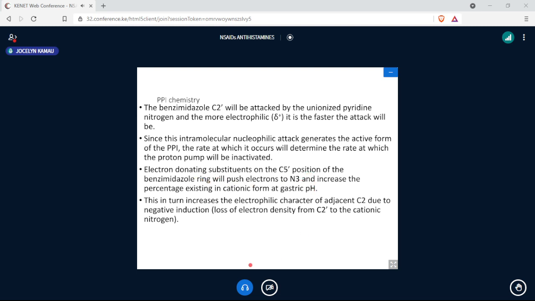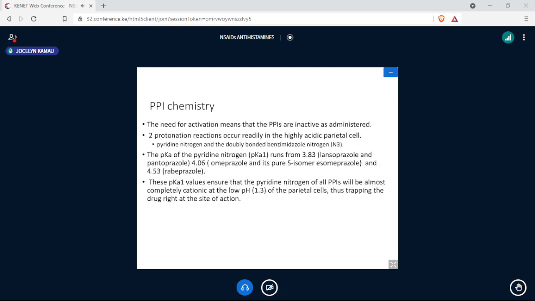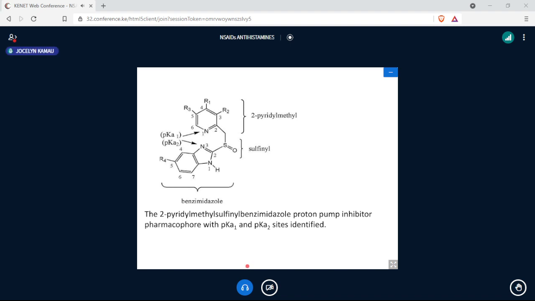So we are looking at two characteristics which look like they are opposing each other, but they are not. We require this nitrogen to have a relatively high pKa, not a very high one, to allow for protonation. When it is protonated, it pulls electrons from there.